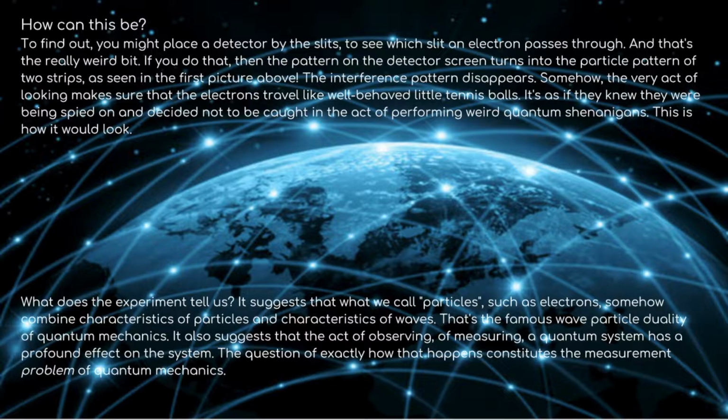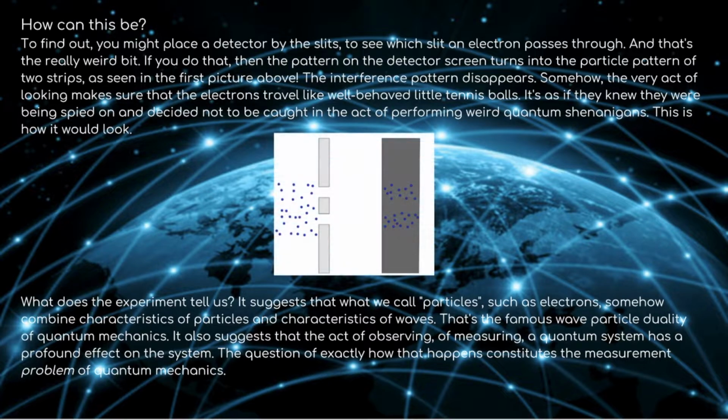To find out, you might place a detector by the slits to see which slit an electron passes through. And that's the really weird bit. If you do that, the patterns on the detector screen turn into the particle pattern of two strips, as seen in the first picture below. The interference pattern disappears.